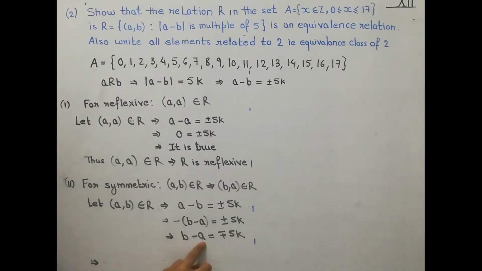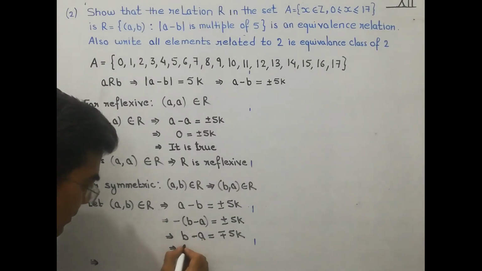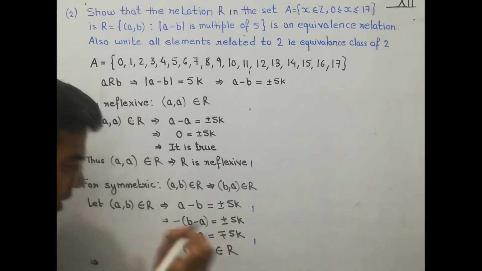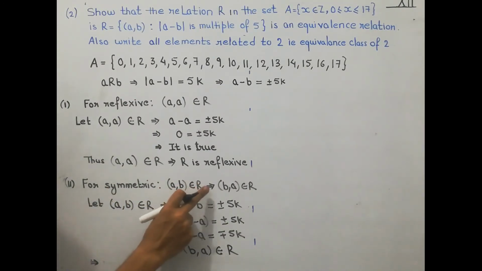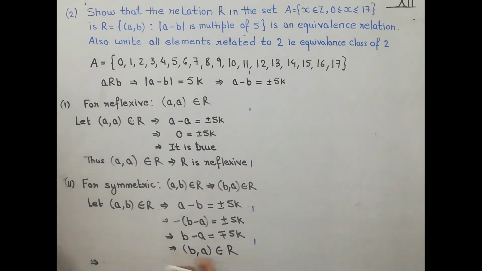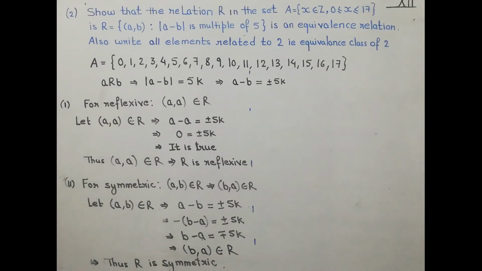So if b minus a has been shown to be a multiple of 5, we can say (b, a) belongs to R. Now the definition says if (a, b) belongs to R, then (b, a) should also belong to R, that we have got. So we can say thus R is symmetric. So we have shown the relation to be reflexive and symmetric.